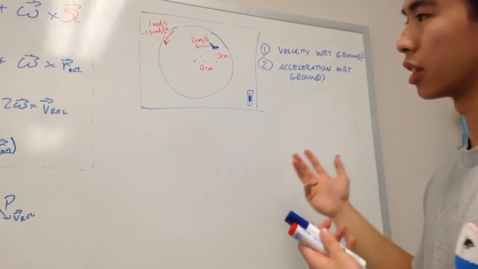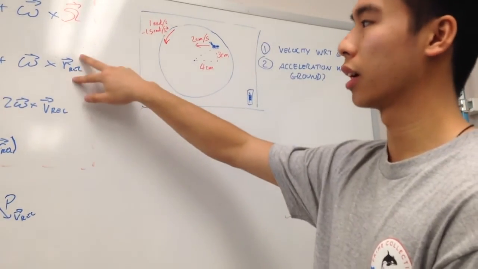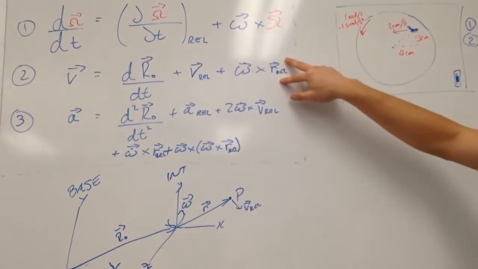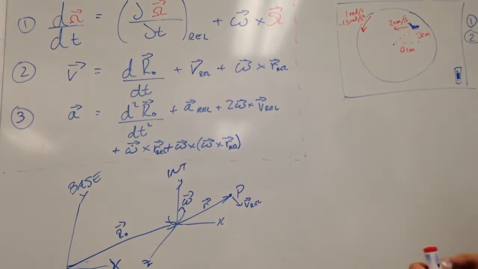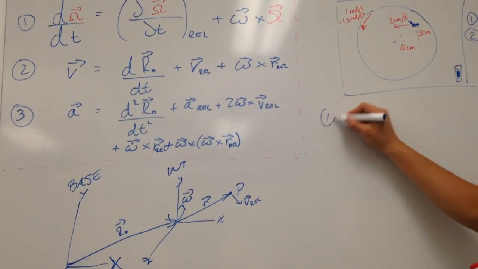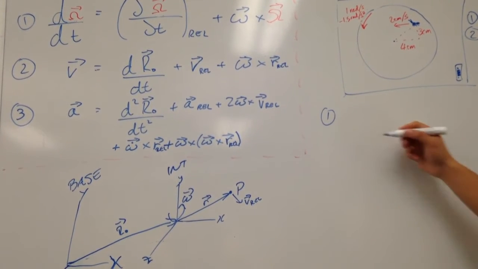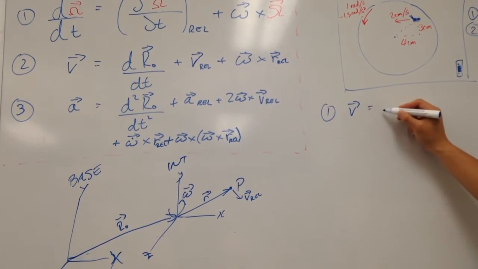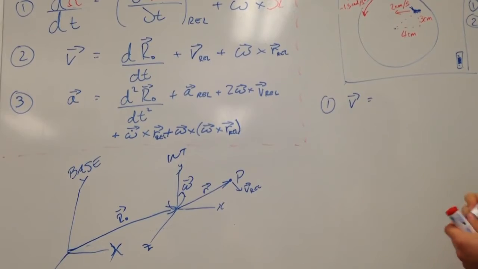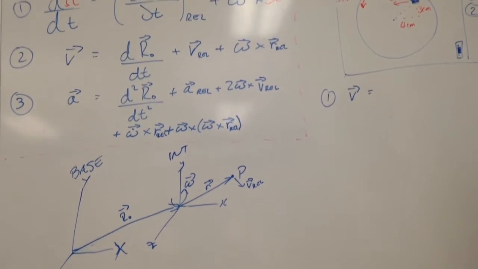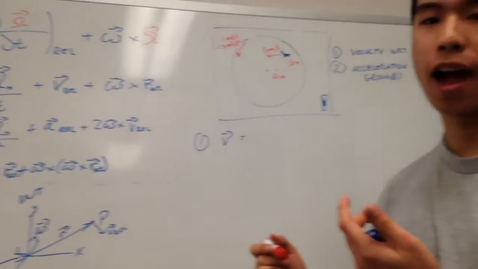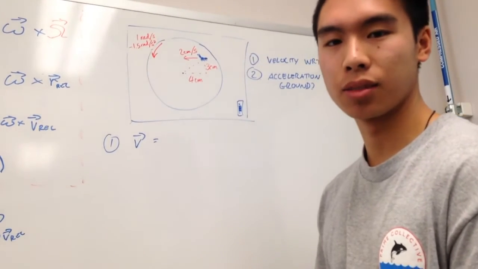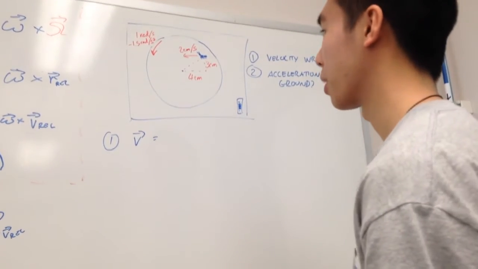Now we're trying to find velocity, so it makes sense to just use our second equation, the velocity equation. So let's do that. Our v is going to be equal to, so I guess before we start that, we'll define our base reference frame and our intermediate reference frame.